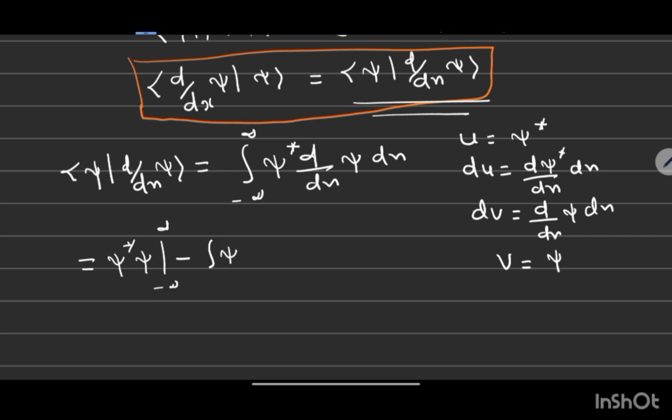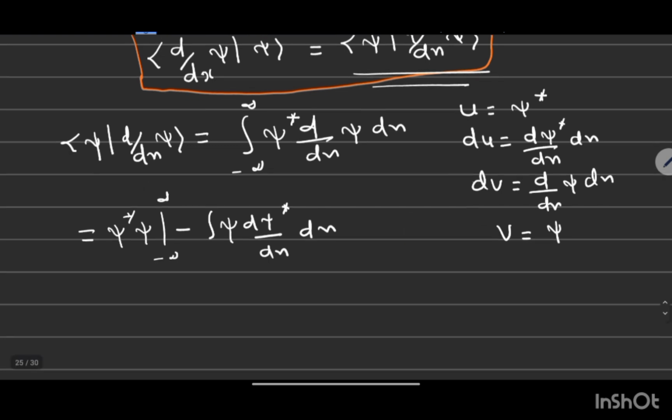My v is psi and du is d psi star times dx. It is a well-behaved function, its mod psi squared is nothing but the probability, and this would vanish when the limit tends to infinity. This becomes 0, minus the integral, so you can see here this psi star.